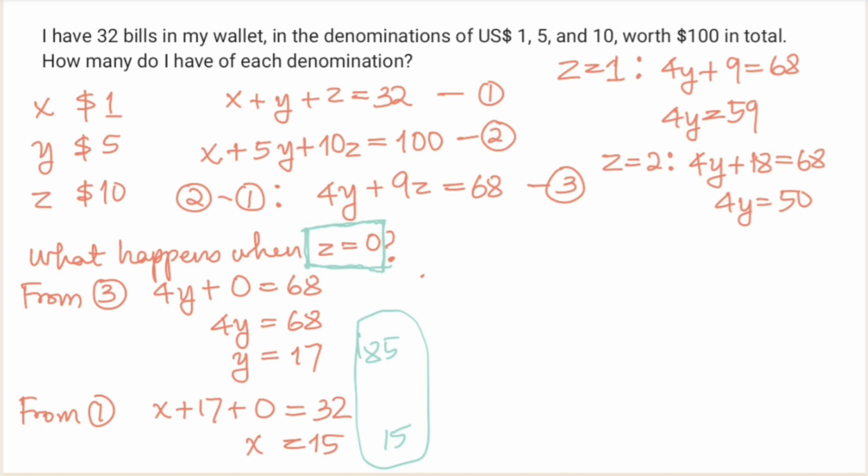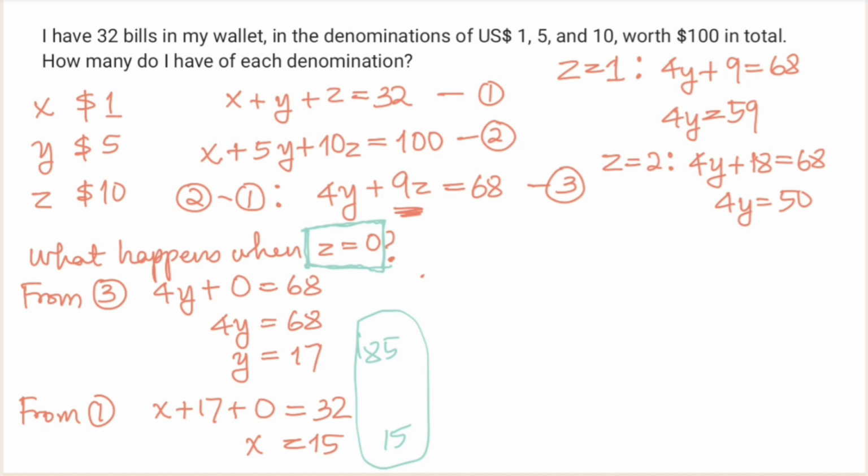We can try again with z equals 3. If you try with z equals 3, you're going to get 9 times 3, 27. So 68 minus 27, that's going to give you 41. Again, that's not a multiple of 4. So whatever value of z we pick, when we simplify, we must get a multiple of 4, so that when we solve 4y equals that number, we're going to get an integer value for y.